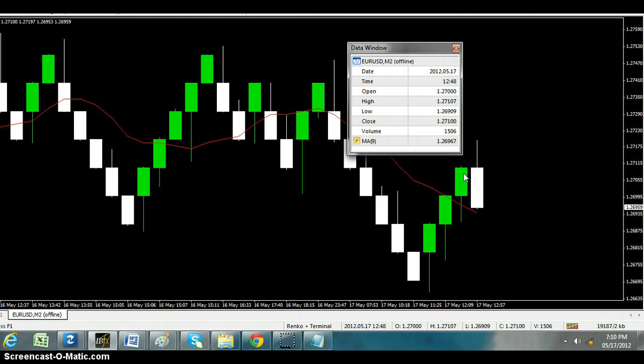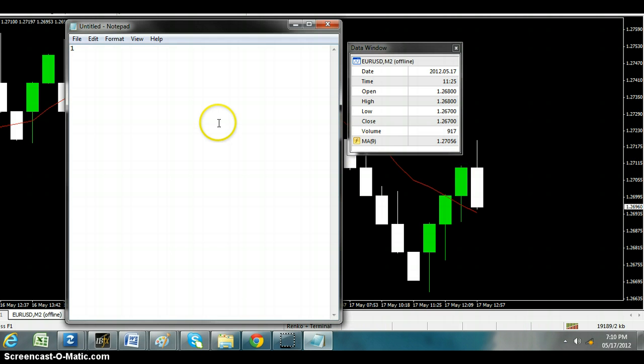So basically we got long at 2710. Our initial stop loss has been set exactly based on the previous candle.